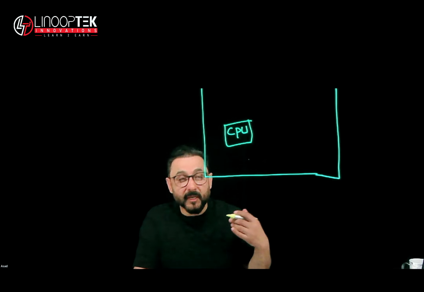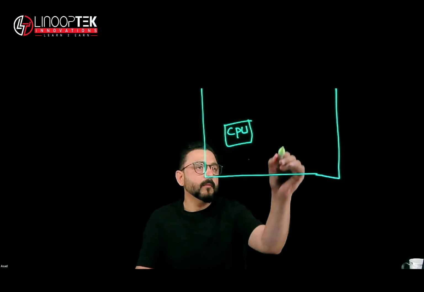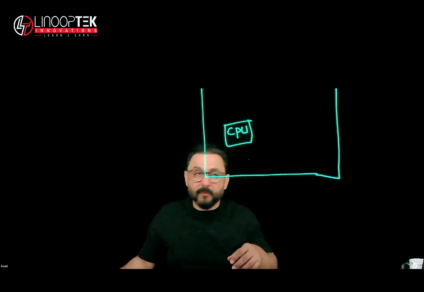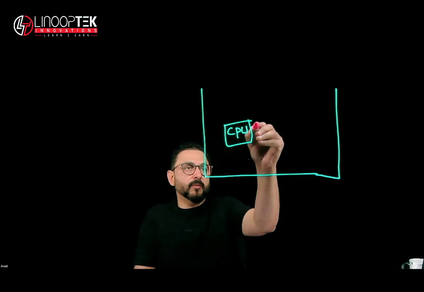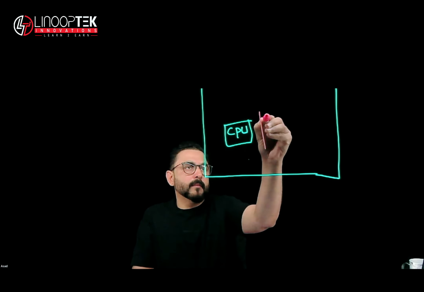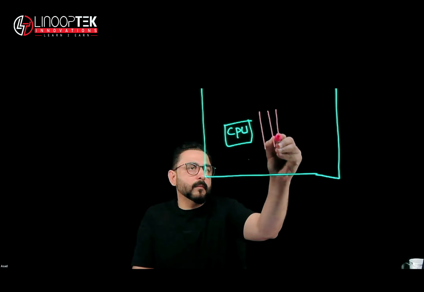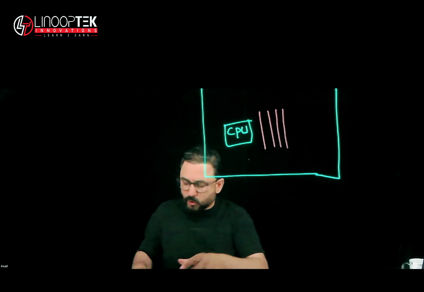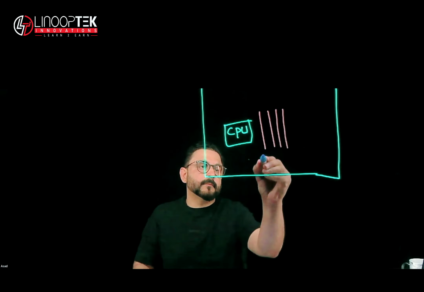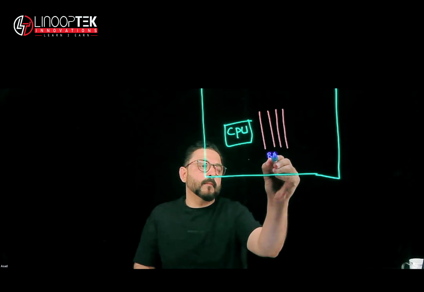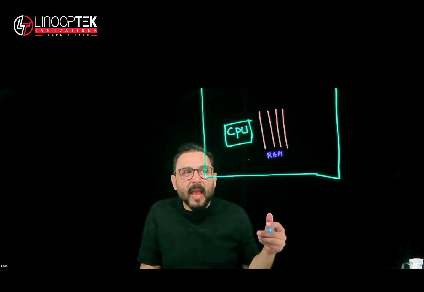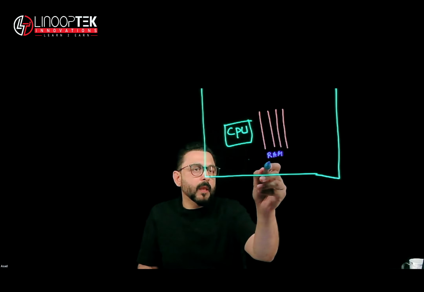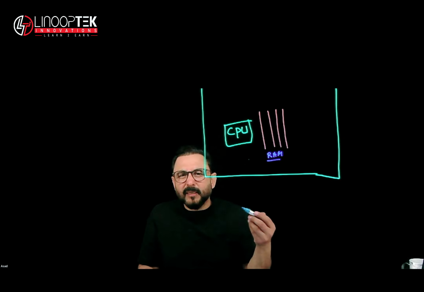This is called the brain of your server. And usually you have memory slots right over here. This area is called RAM, random access memory. It stores the data temporarily.